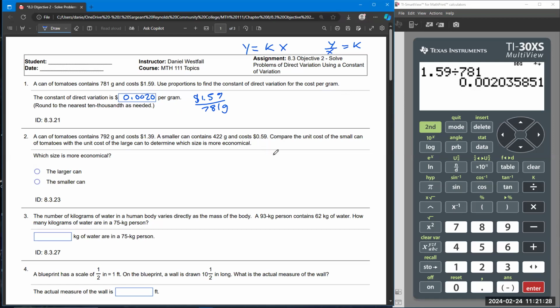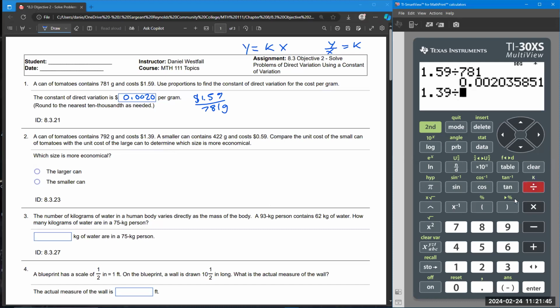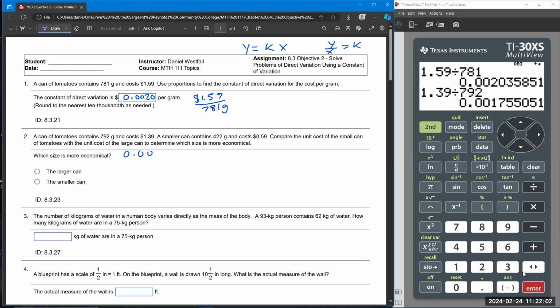So let's compare unit costs here and see which one is better in example 2. So 139 divided by 792, and we get 0.001755051 as our K1.